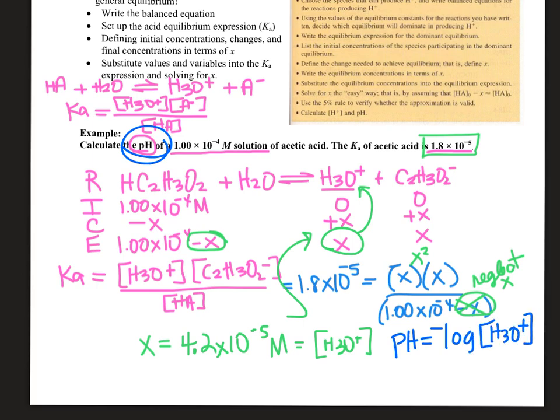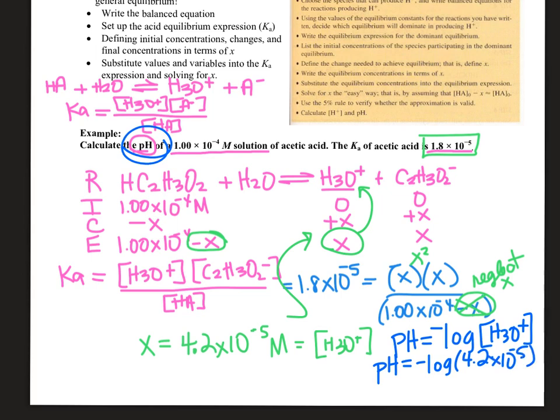Once I know how much H3O plus there is in the solution at equilibrium, it's super easy to calculate. So my pH is going to be negative log of 4.2 times 10 to the negative fifth.